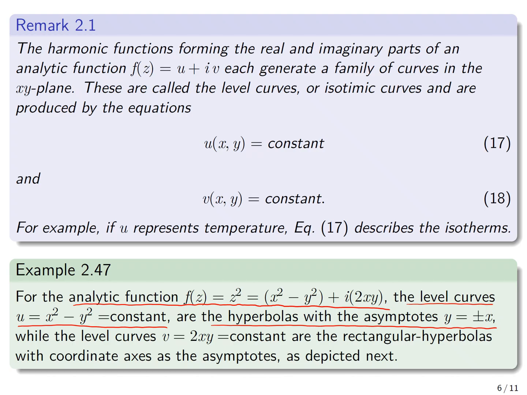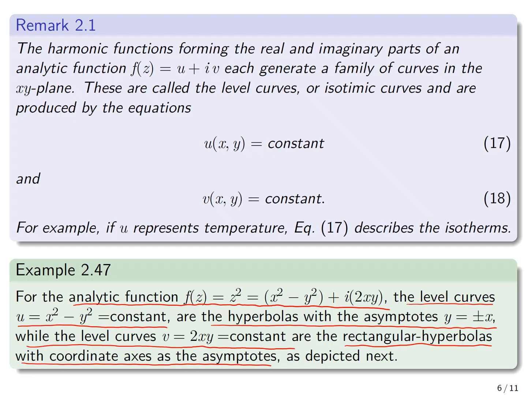We learned that in Calc 3. While the level curves for the other one, v equals 2xy equals constant, are again what we normally call rectangular hyperbolas with coordinate axes as asymptotes.